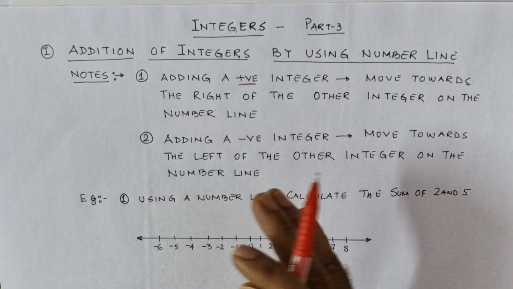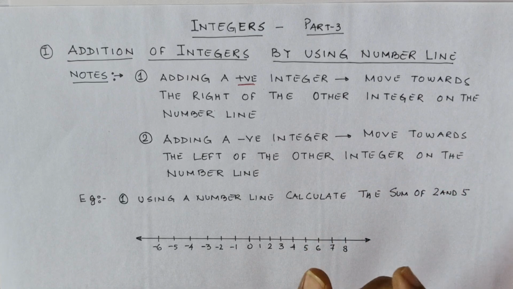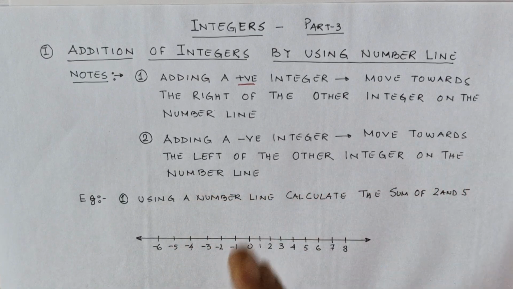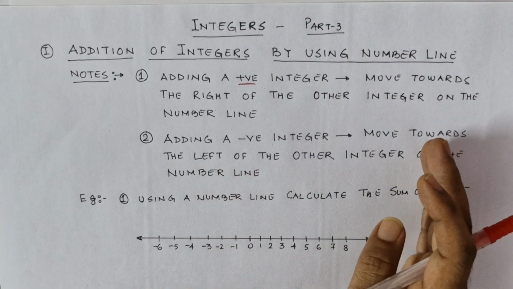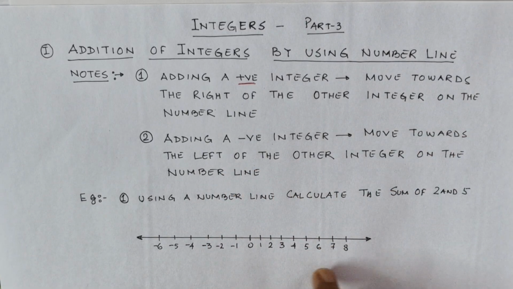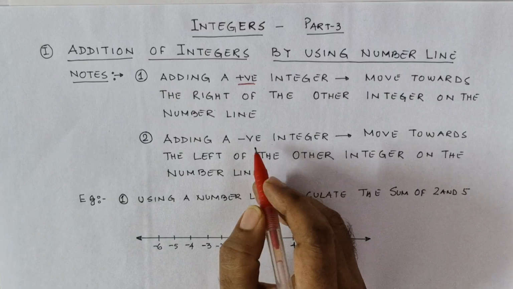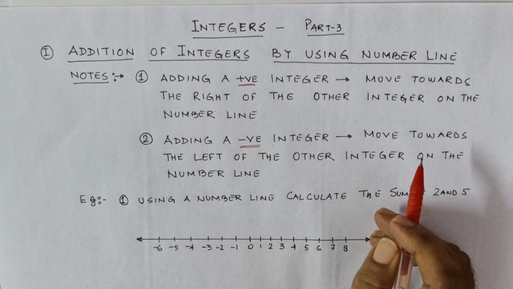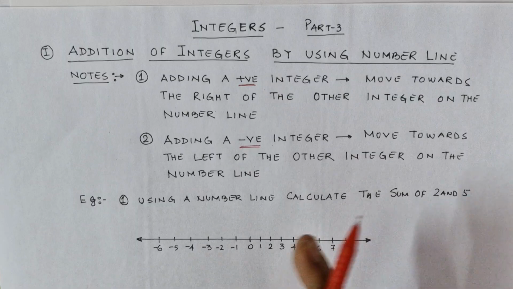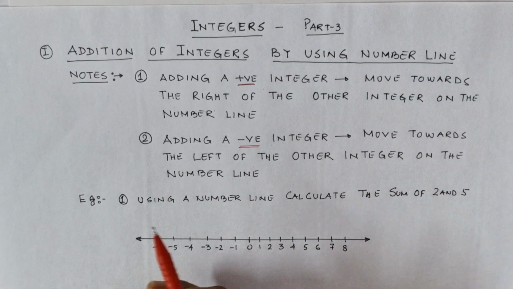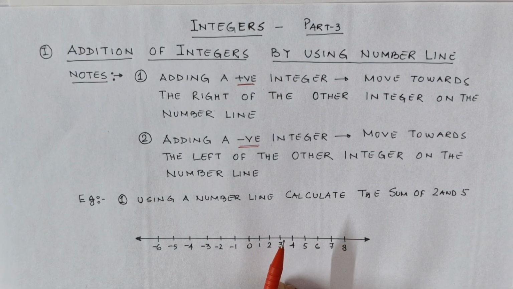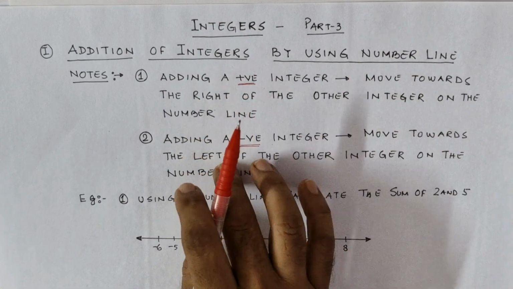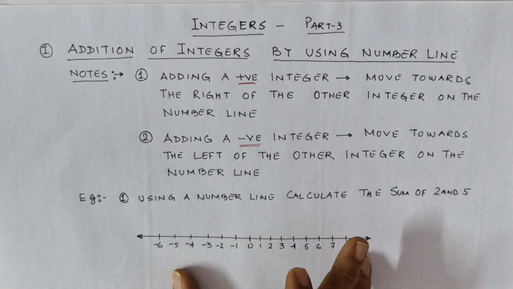So you will be asked to add a positive integer to another integer, and you will be moving to the right of the other integer on the number line. Please remember it. While you are adding a negative integer, you have to move towards the left of the other integer on a number line.